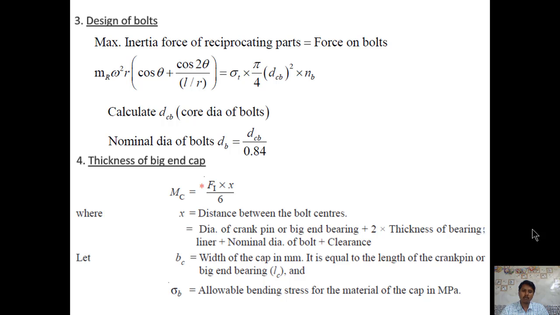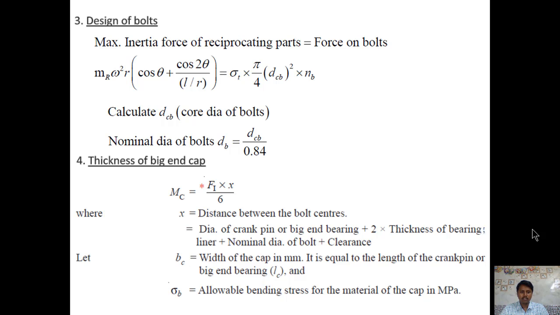Here NB is the number of bolts, and dCb is the core diameter of the bolts, because when it breaks, it breaks at the core diameter. Hence, the amount of load it can take is governed by the core diameter. From the core diameter, we always express the bolt in terms of nominal diameter. So, we have to determine the nominal diameter of the bolts. The nominal diameter of the bolt dB equals dCb by 0.84.